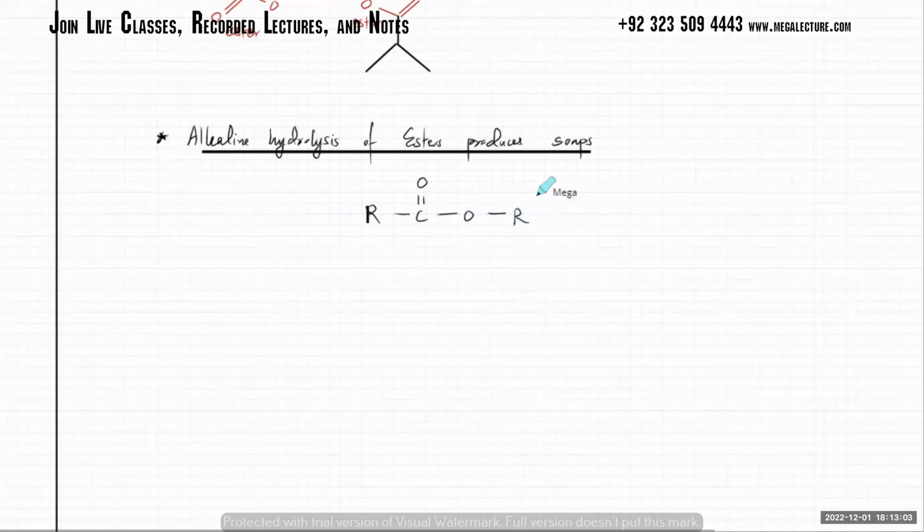This ester will break down, and when it does break down, ठीक है, it's going to break down in the middle. One side will turn into a carboxylic acid and the OH is going to come back, and the other side will turn back into an alcohol.